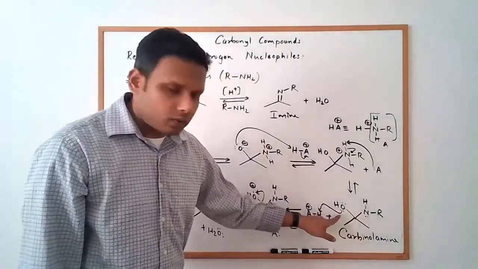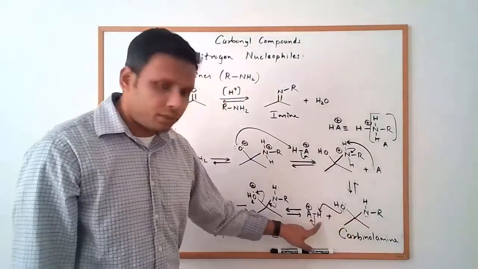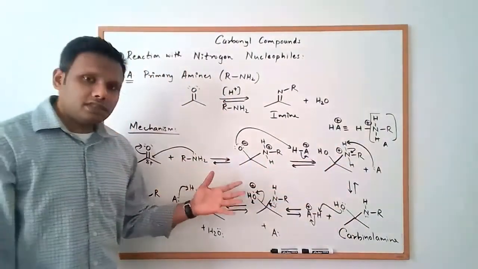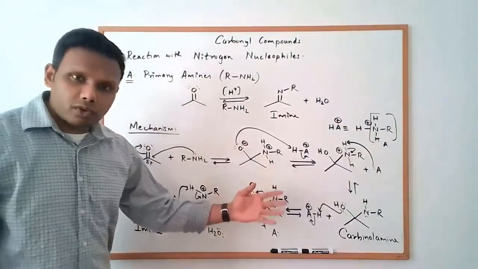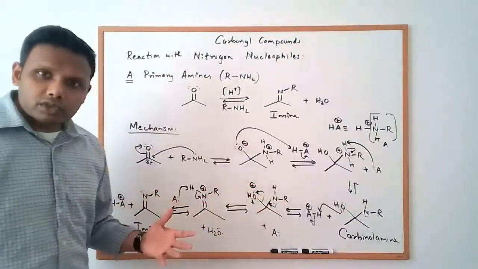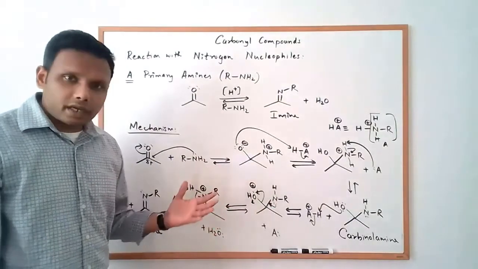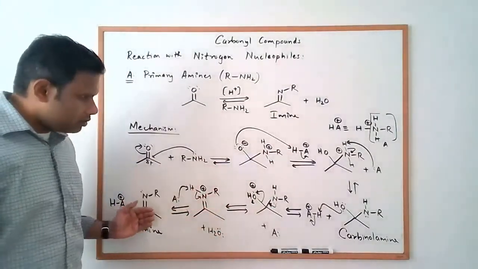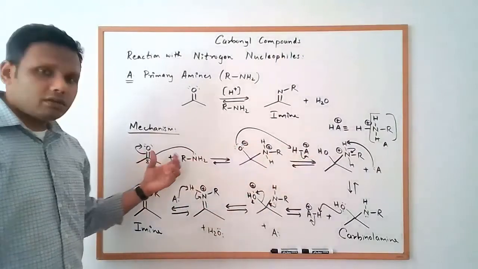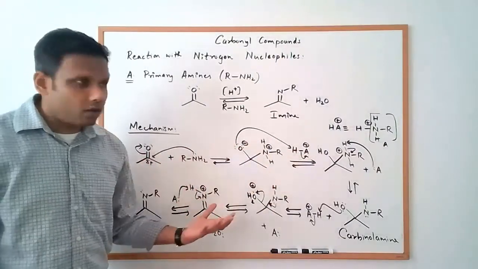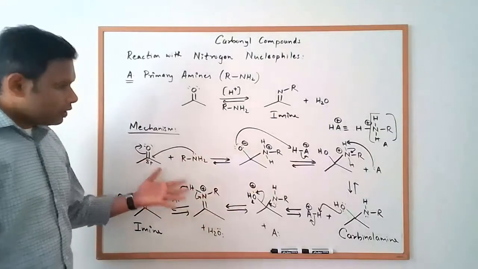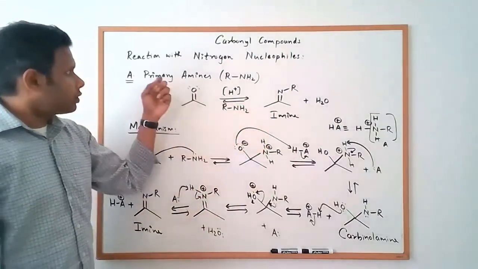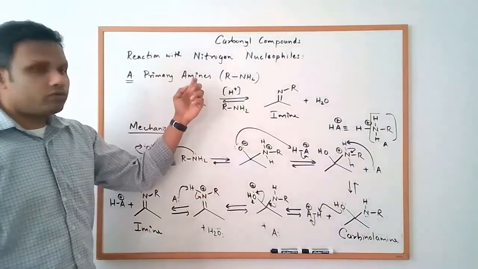Instead of the oxygen lone pair, if the nitrogen lone pair gets protonated here, we are going back. So every step in this sequence is a reversible step. Very much like an acetal reaction, the imine reaction can be reversed. You can start with an imine and go back to the amine and the carbonyl compound. That's important.